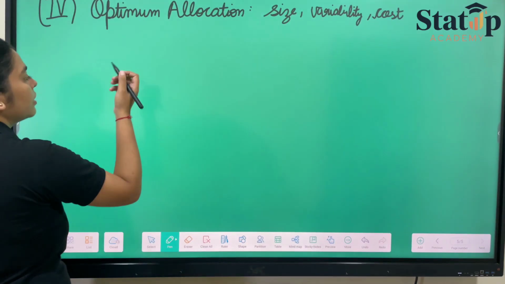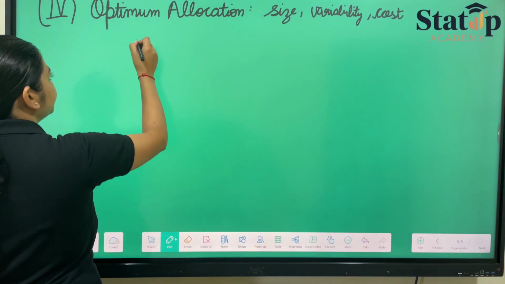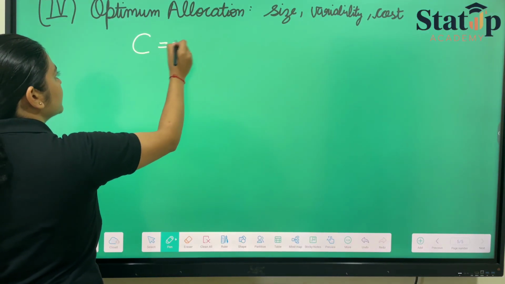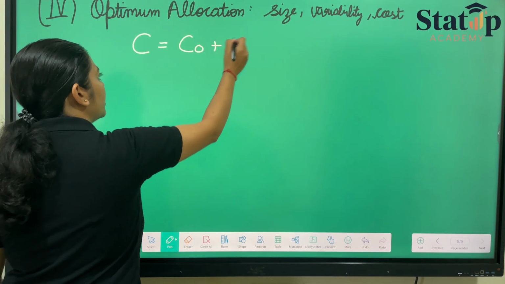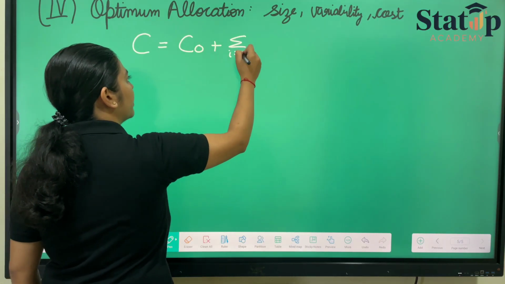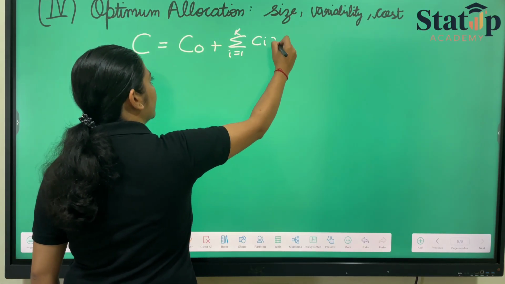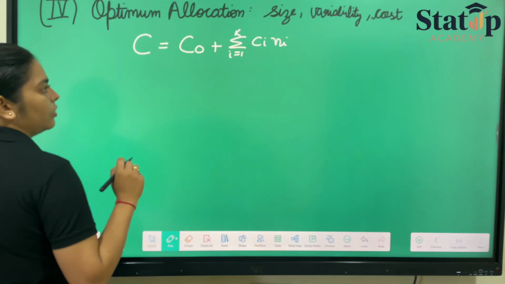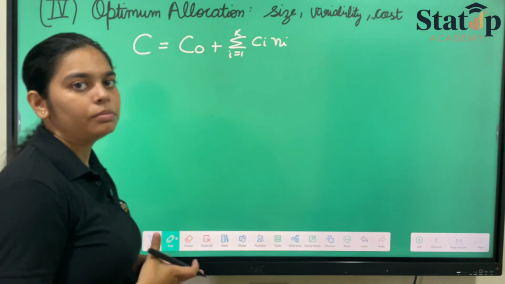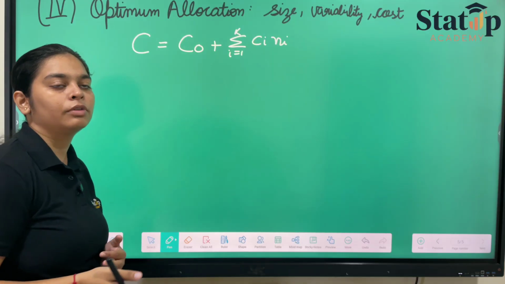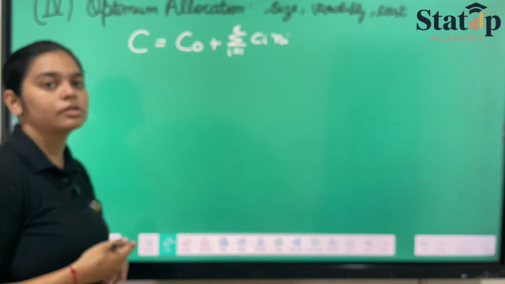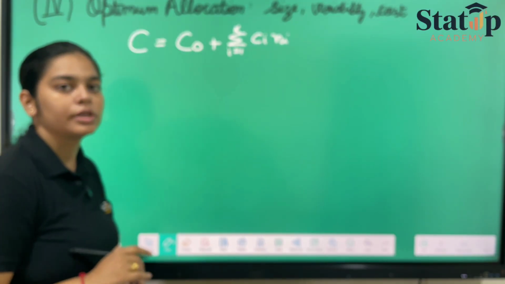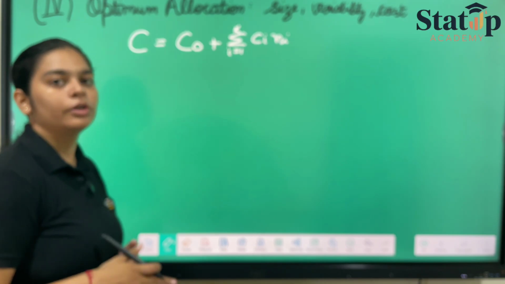So there is a function of cost where C is equal to C naught plus summation i goes from 1 to k Ci ni. This is the function that we'll use in this optimum allocation. Some things we have to mug up, so this is one of those. It will take time to go into the background, and that is all useless for your syllabus, so I'm not going into the background.